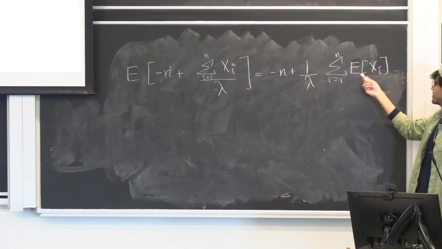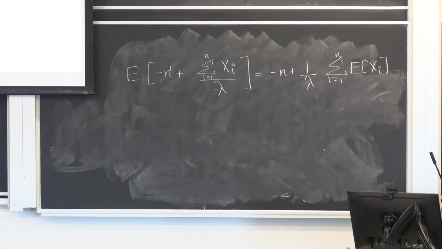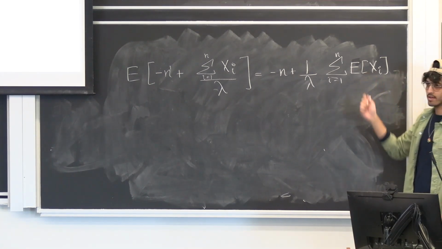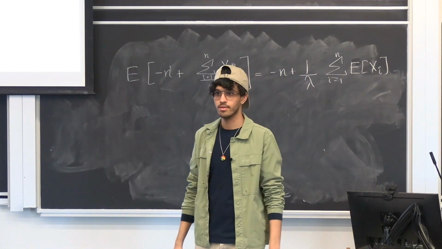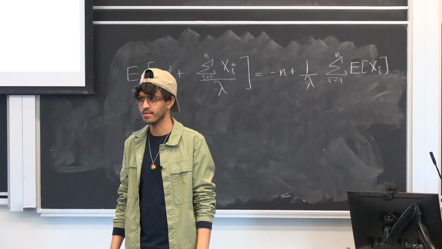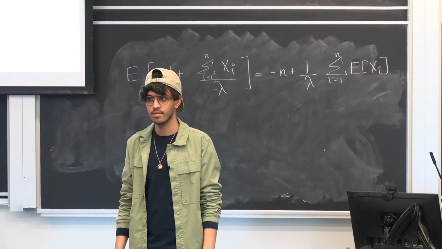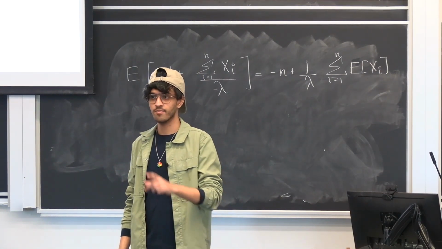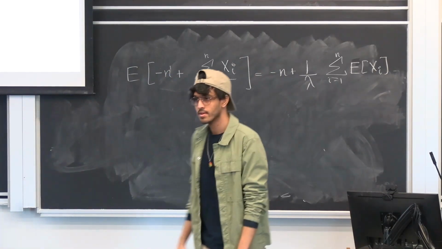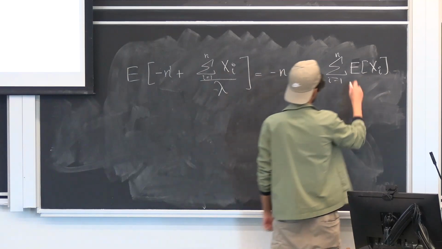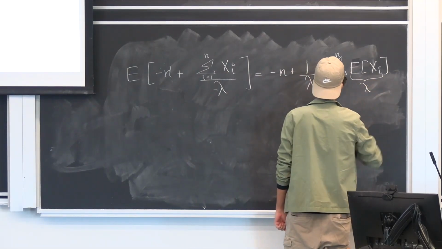What is the expected value of any observation, given that the observation comes from Poisson lambda? No, x bar is an estimator. Lambda, right? The expected value of xi is just lambda for Poisson.